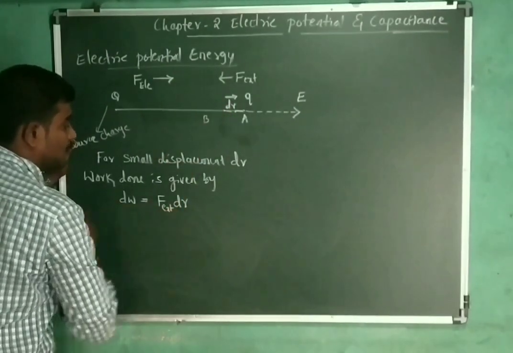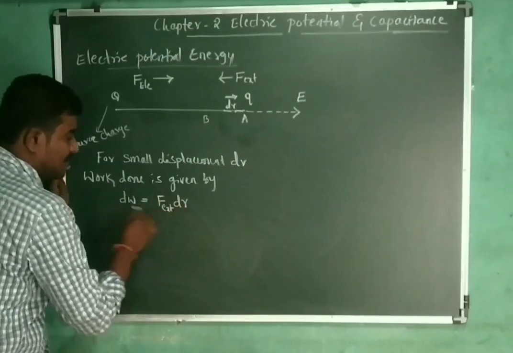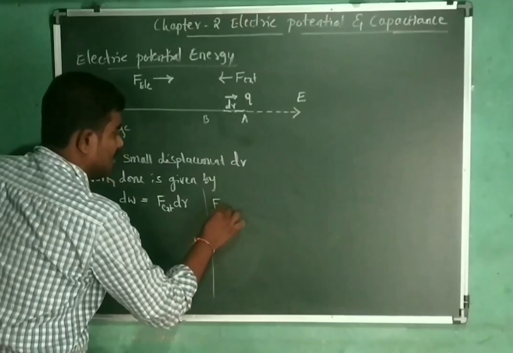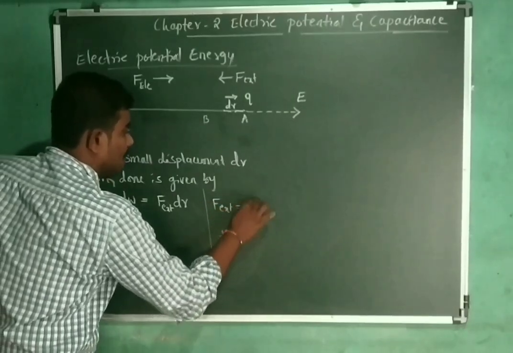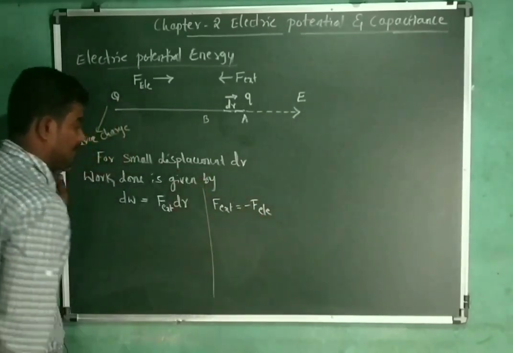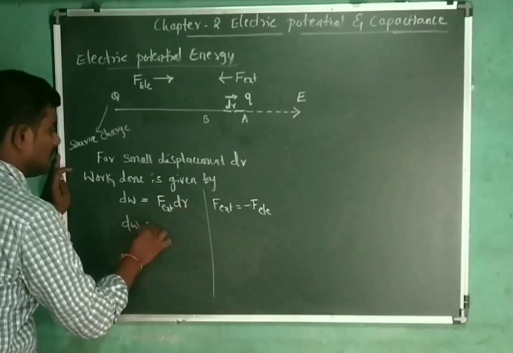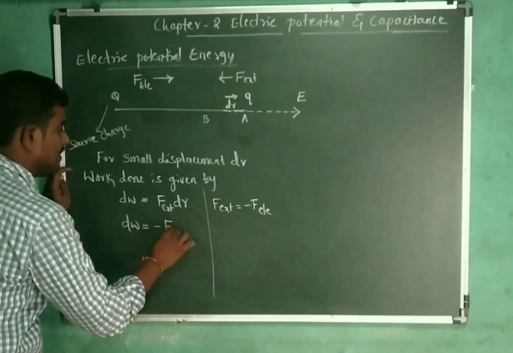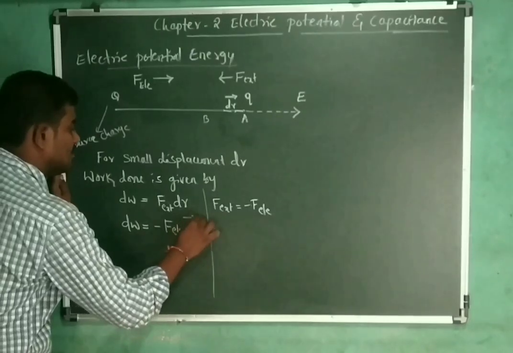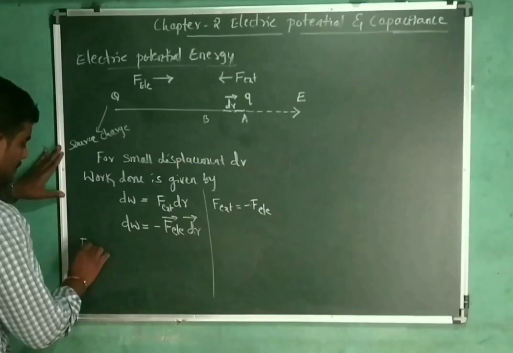Therefore external force into dr. This external force and electric force are equal and opposite. F external is equal to F electric, but they are opposite. Therefore in place of F external I can write minus F electric into dr, where dr is the displacement.